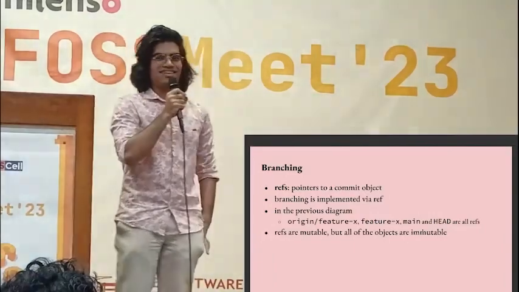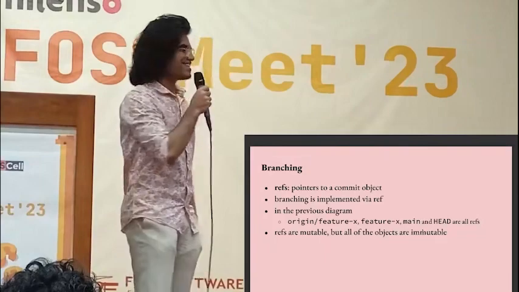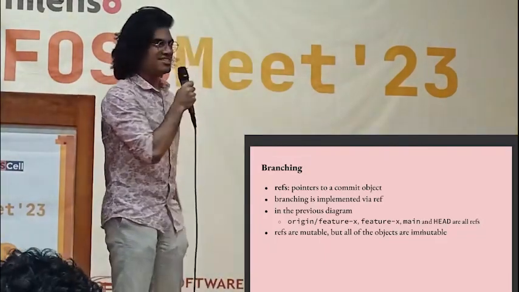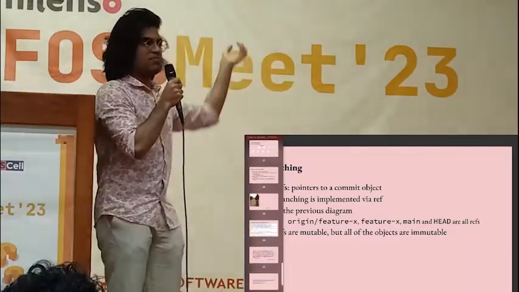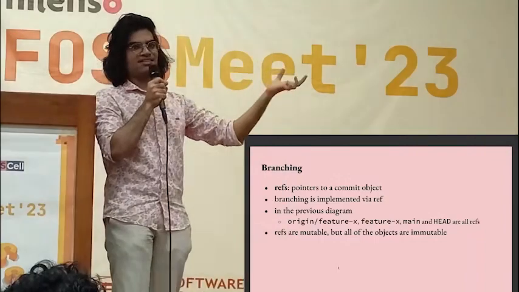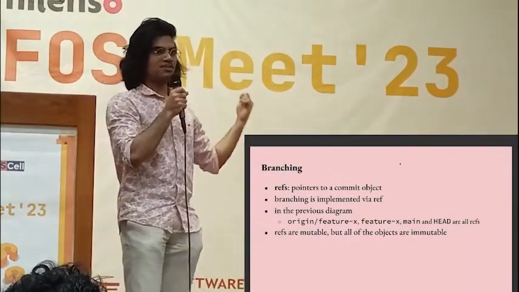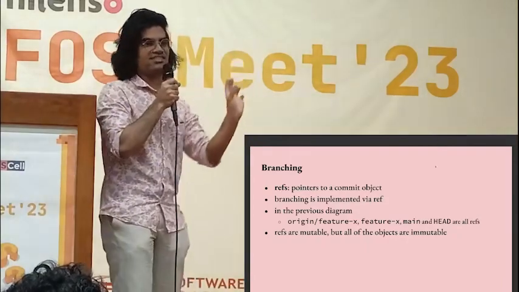Refs. I did mention this already. They are pointers to commit objects. And you have branching, which is implemented via these refs. Again, we read the ref file, remember. When we asked HEAD what it is, it said it's refs/heads/master. Say if I do a git checkout to something that's not master, it would say refs/heads/feature-X.